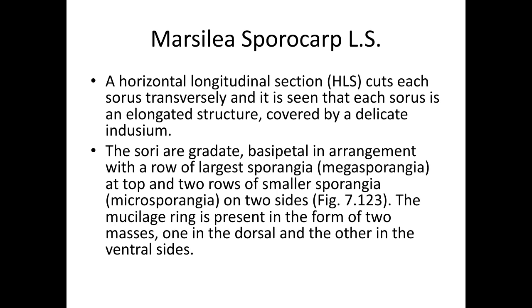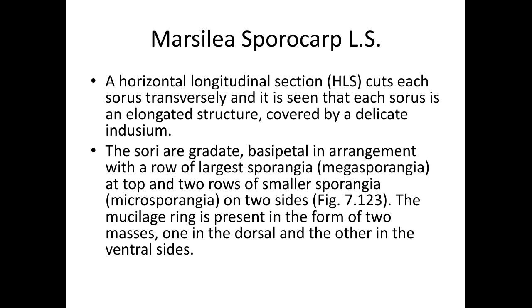The sori are gradate, basipetal in arrangement, with a row of largest sporangia, that is megasporangia, at the top, and two rows of smaller sporangia, the microsporangia, on two sides. Such an arrangement of sporangia is known as basipetal type, and it is known as graded type of arrangement.